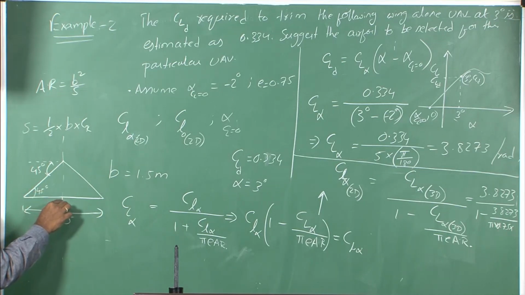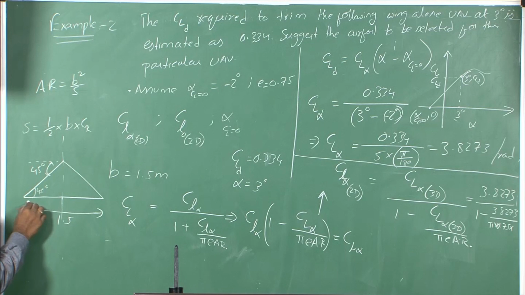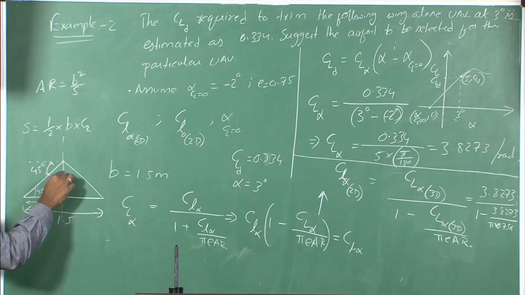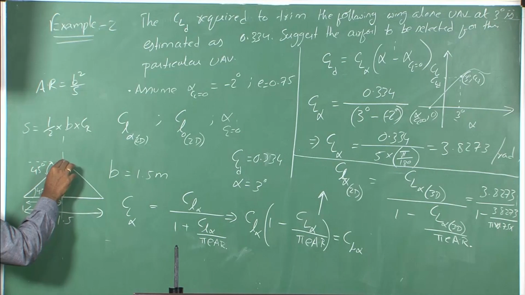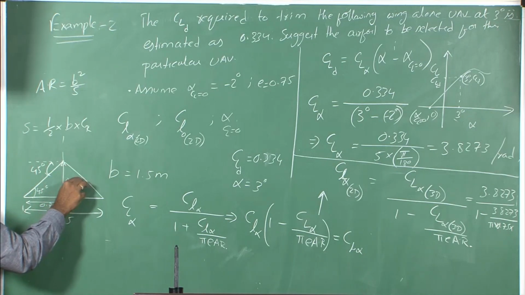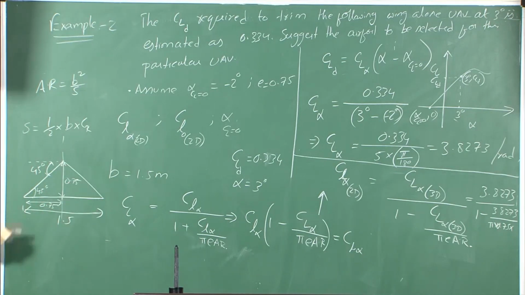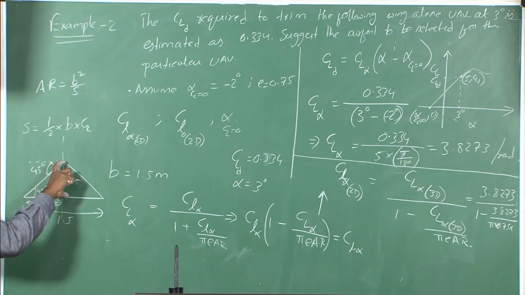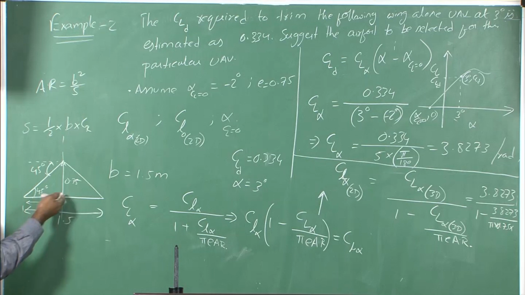You know this semi span which is 0.75. So tan 45 is opposite by adjacent, so this height will also become 0.75, since tan 45 is 1. This height, or the root chord of this triangular wing, is 0.75.